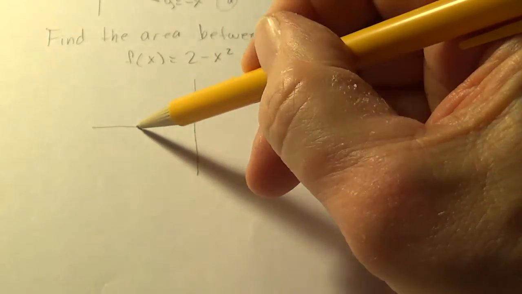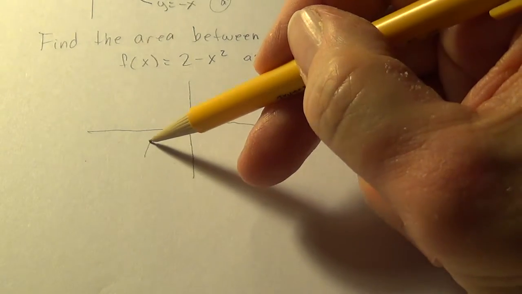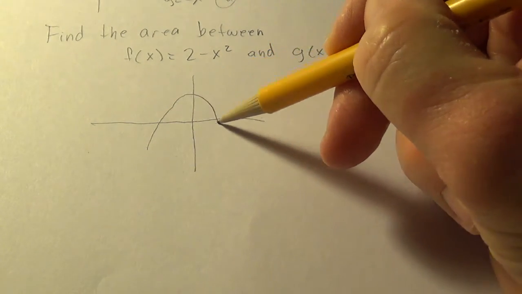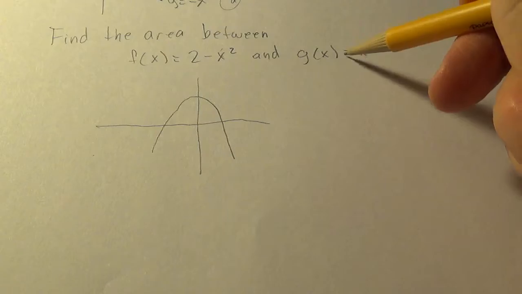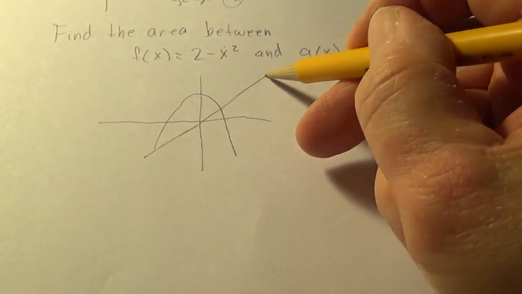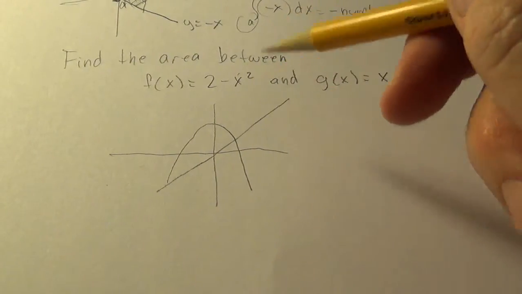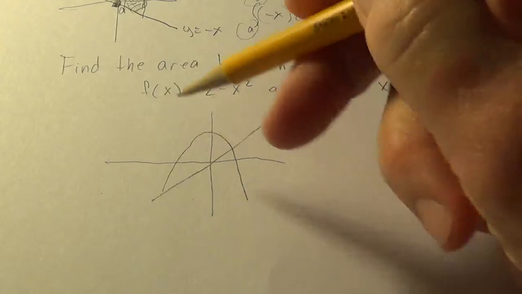So let me give you a sketch of that. All right, so this is something like this, that one, and g of x, y equals x is like that. So when we're talking about the area between these two curves, there's no A and B involved.